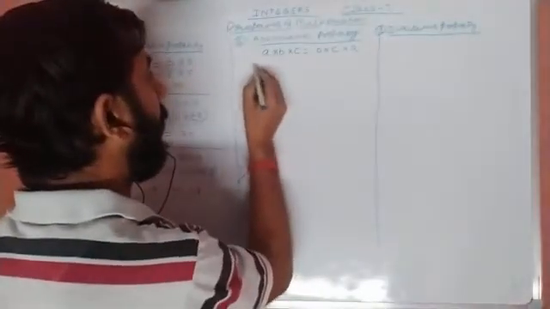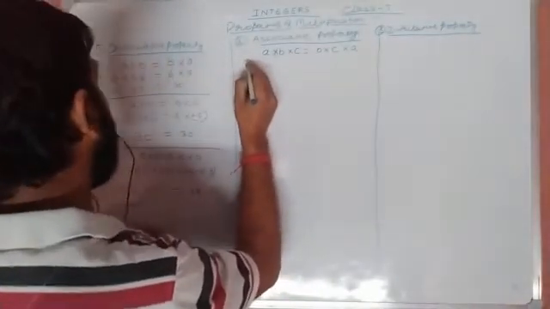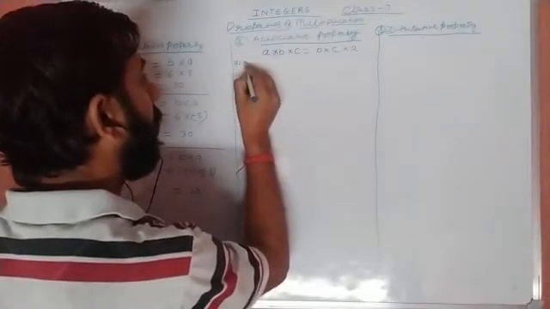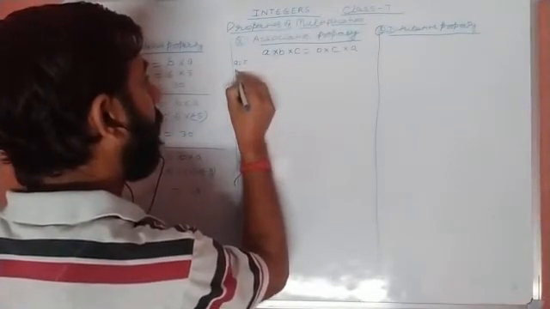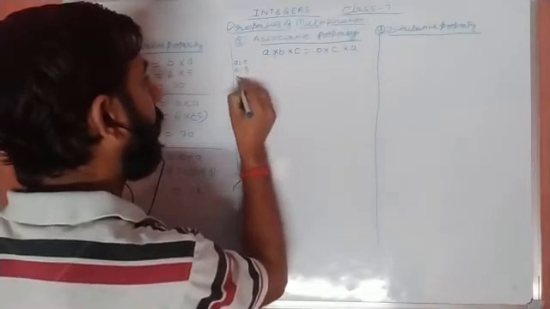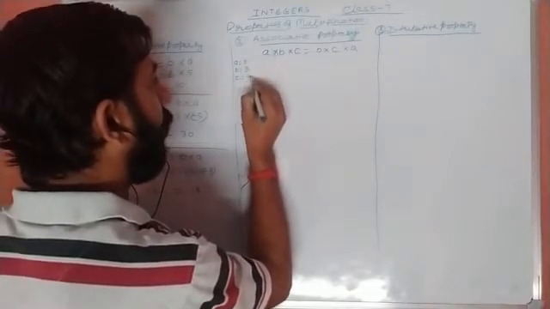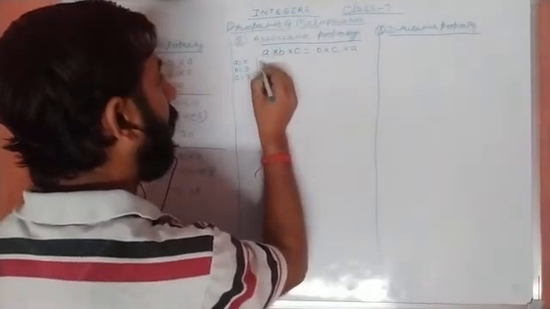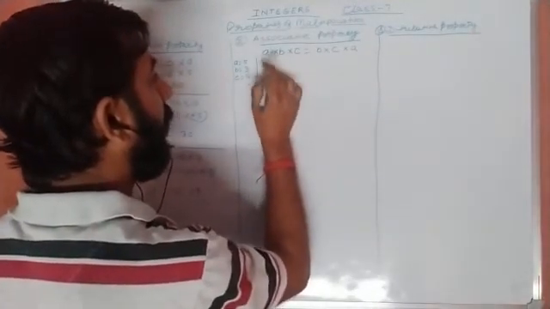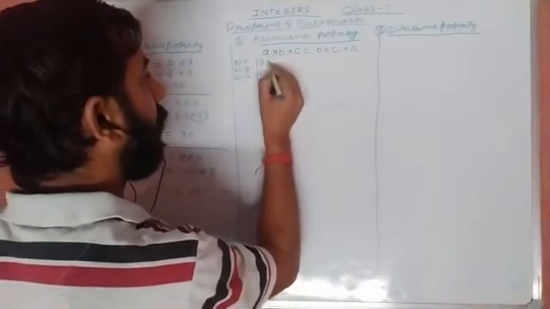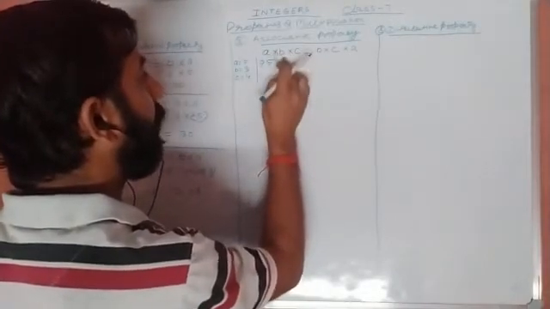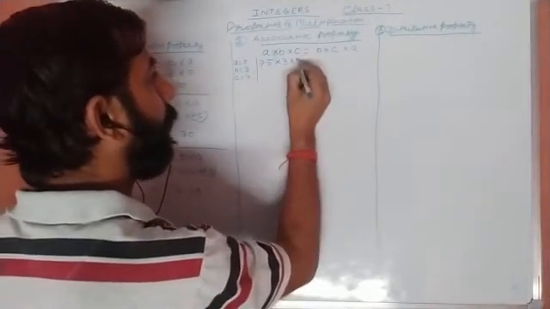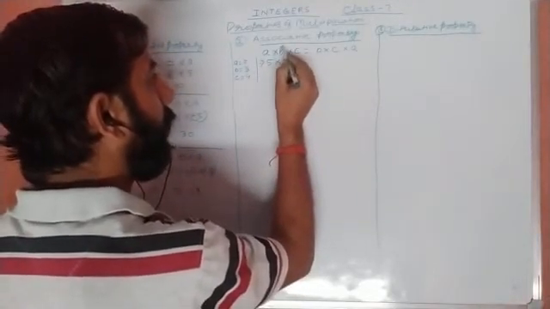Here let's take an example. Suppose A equals 5, B equals 3, C equals 4. So A is 5, 5 into B, which is 3, into C, 4.